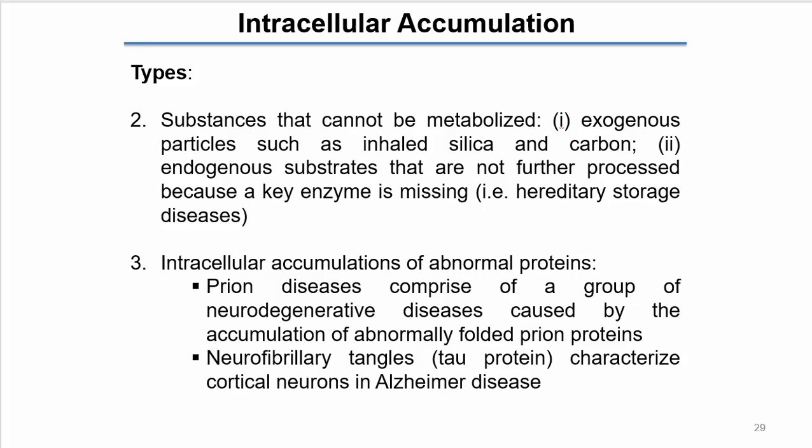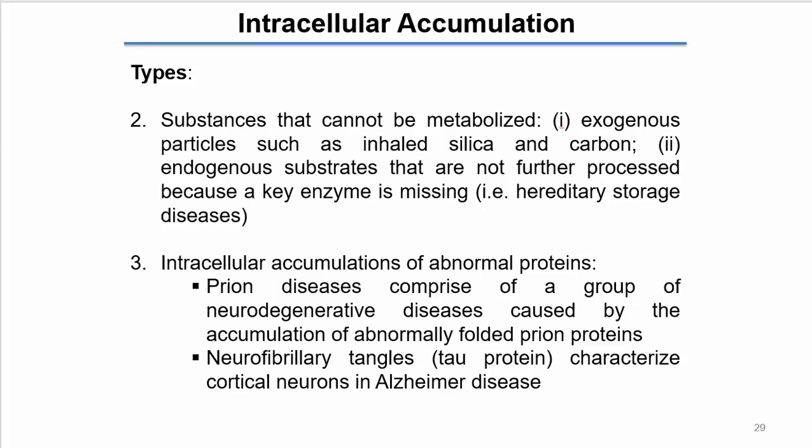There's a relatively common one where people can make glycogen from excess glucose, but they lack the enzyme that allows glycogenolysis, which is breaking the glycogen back down into glucose when it's necessary. So they just store glycogen and can't take it out of storage, and their muscle cells and liver cells, the cells that are storing glycogen, end up with an abnormal accumulation of glycogen. These are called hereditary storage diseases, and can happen to a number of substrates as well.